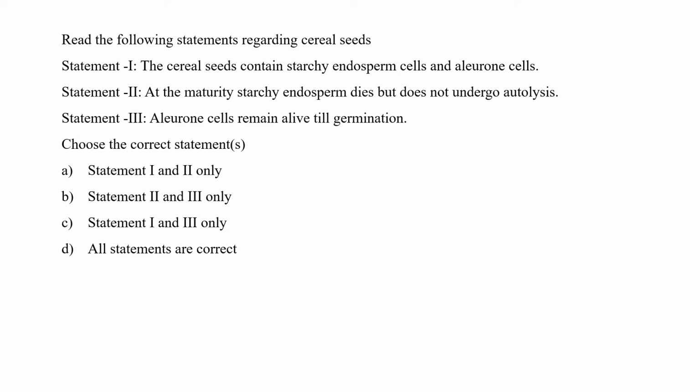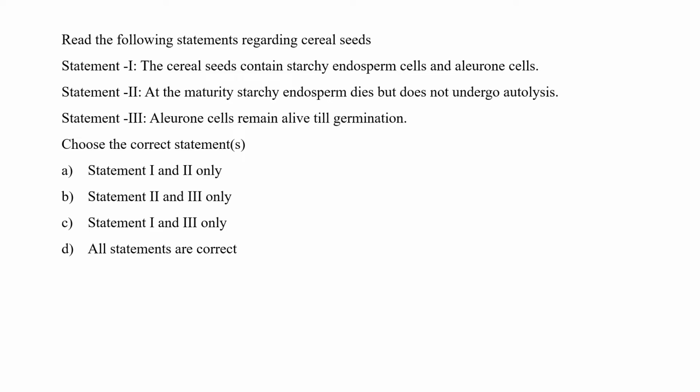Starchy endosperm cells are large, irregularly shaped cells and contain starch grains, while aleurone cells are cuboidal in shape and contain proteinaceous aleurone grains. Now, in starchy endosperm, cells undergo programmed cell death during the maturation phase of seed development, but these corpses are largely retained until germination.